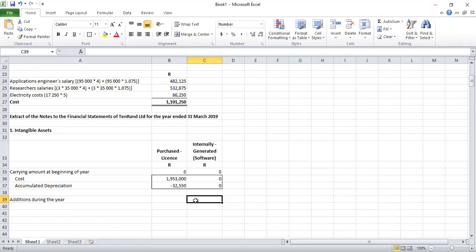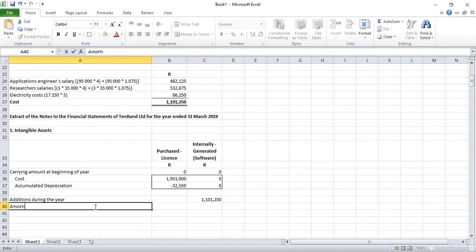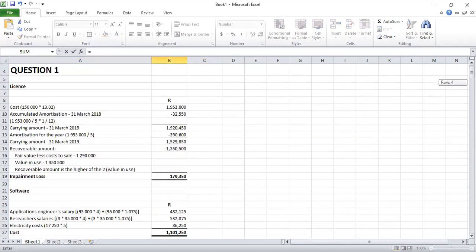There was an addition of the internally generated asset, which was at this cost here. Oh, sorry, I didn't calculate the amortization. Then amortization for the license, we have already calculated it here.